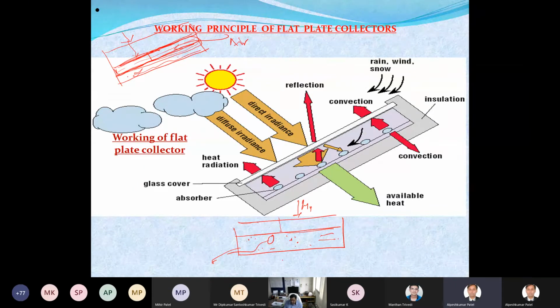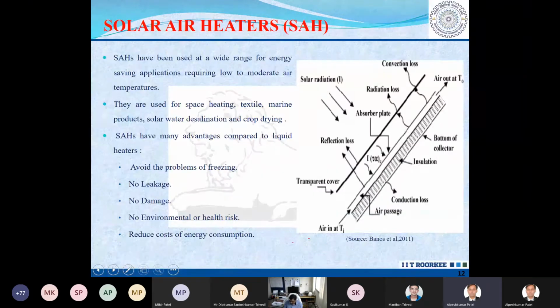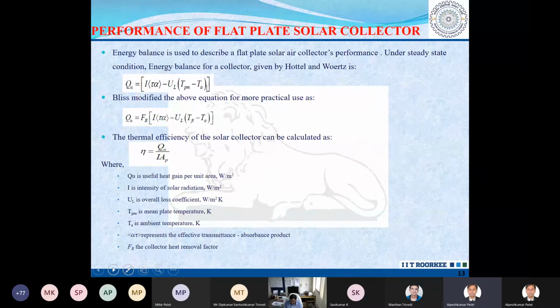So there are so many techniques. I have the next slide, in which we can find how to express the thermal efficiency of the collector, finally with this expression.